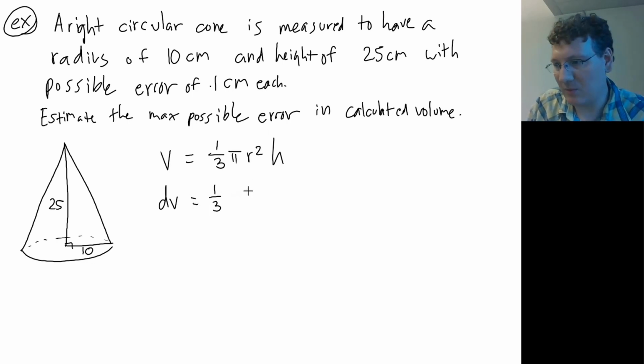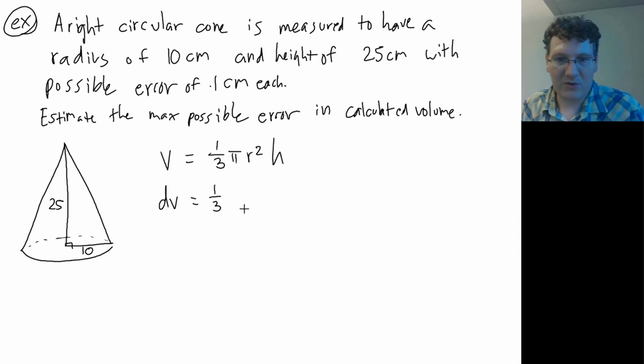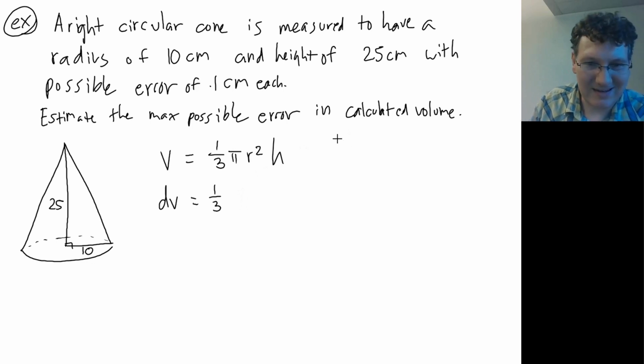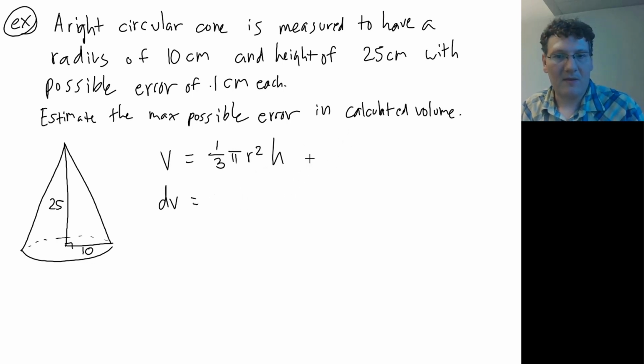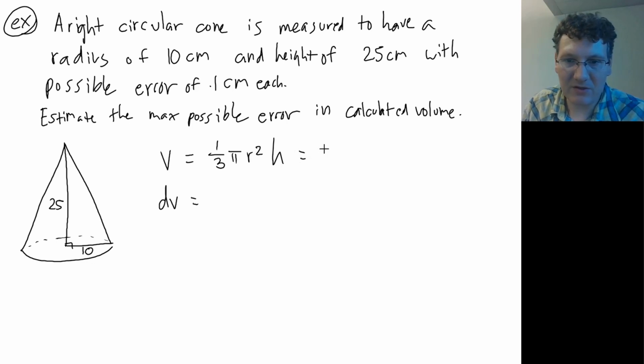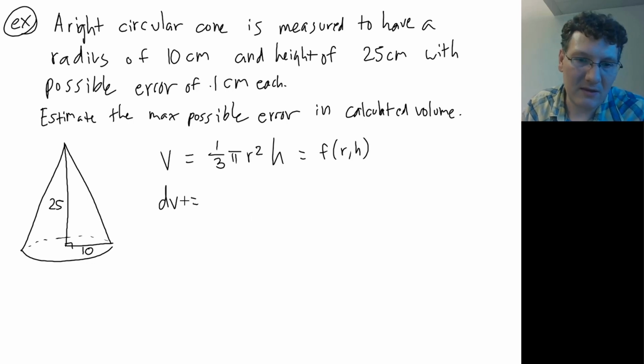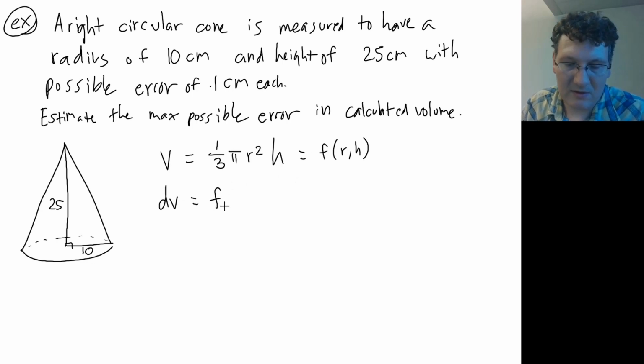Okay, let's take a step back. This is my function of R and H. So I'm going to find the total differential, which is the partial derivative with respect to R times dr plus the partial derivative with respect to H times dH.